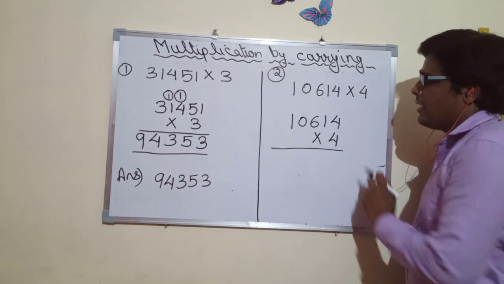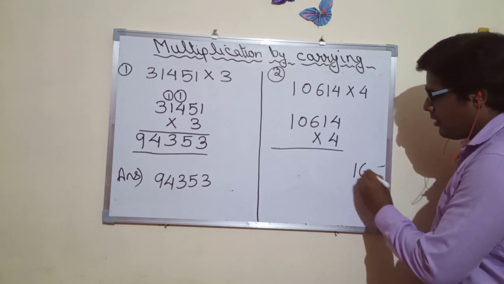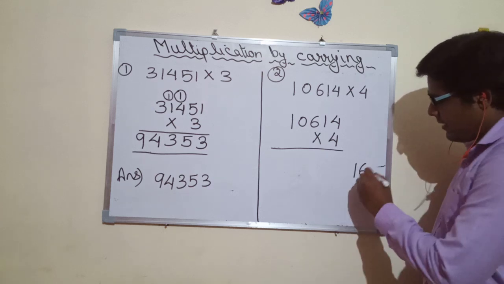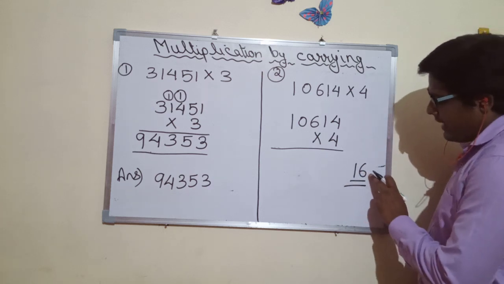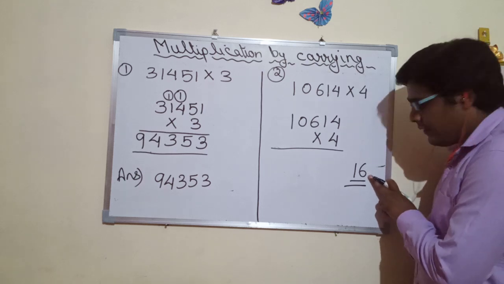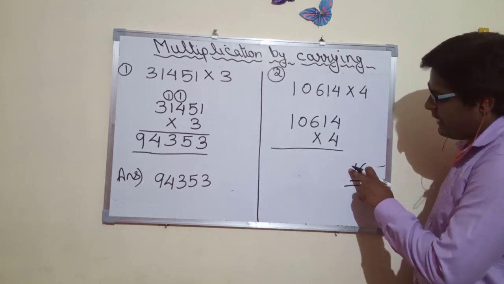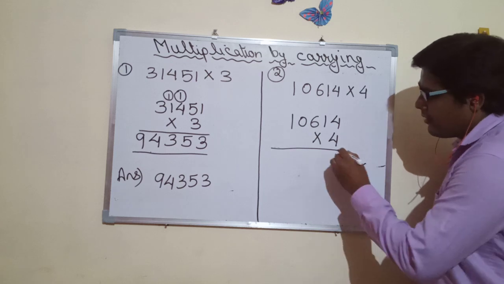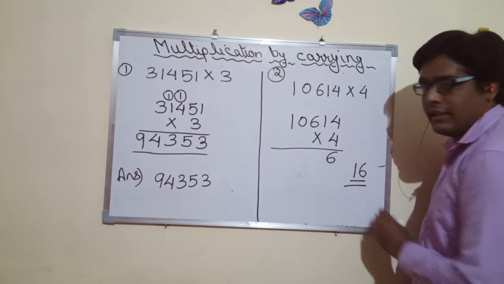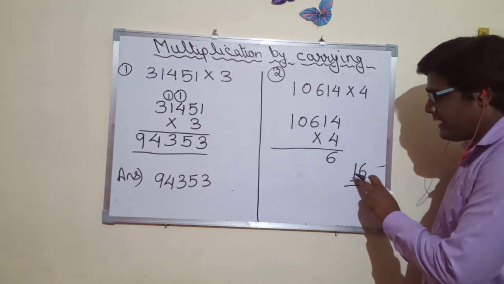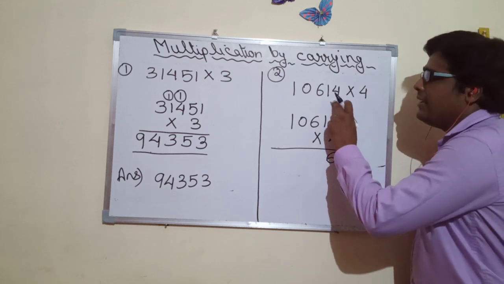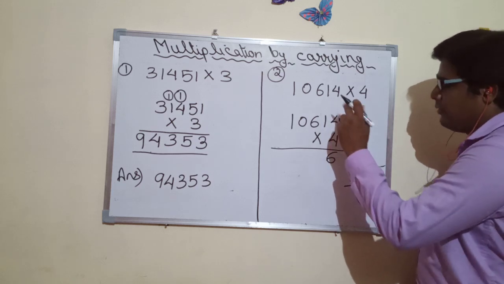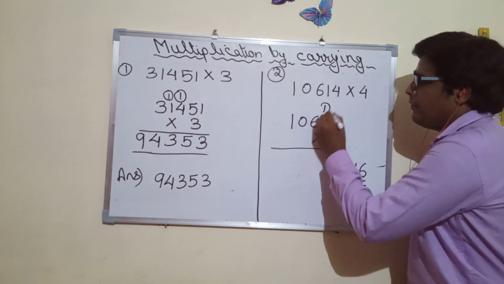That is 4 fours are 16. 16 is having 2 digits, that is 6 in ones place and 1 in tens place. So this 6 will be written over here, and the number which is in tens place will be carried in the next number after 4, that is on the 1.